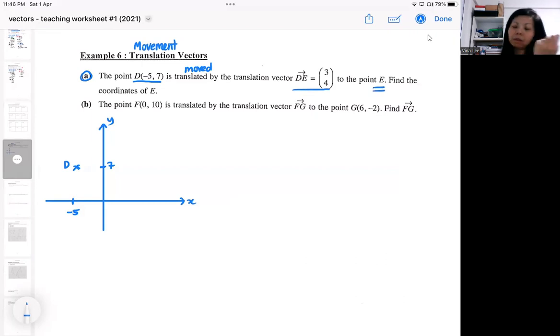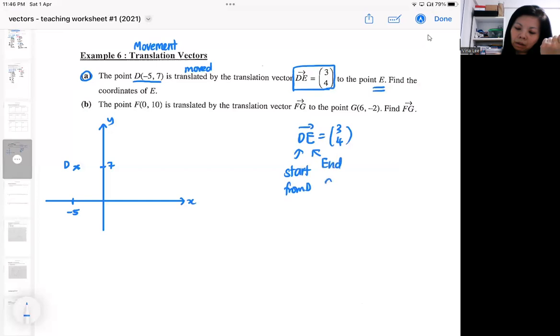So what do we mean by this? If you understood DE, what is your understanding of DE? DE means that you are going to start from D and then you're going to end at E. You're going to end at E by moving 3 units to the right.